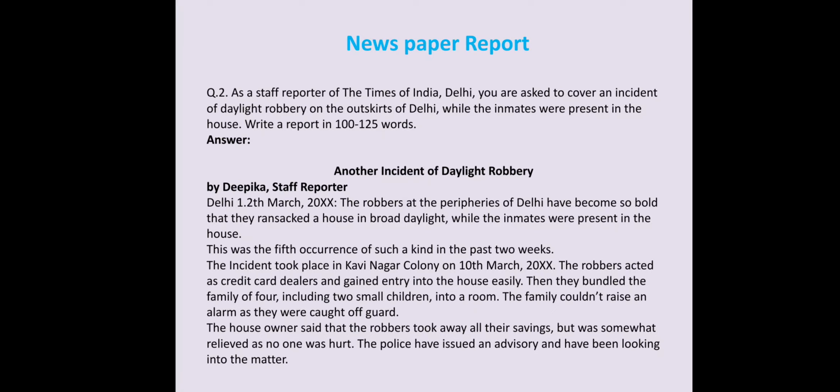Then they bundled the family of 4, including 2 small children, into a room. The family couldn't raise an alarm as they were caught off guard. The house owner said that the robbers took away all their savings but was somewhat relieved as no one was hurt. The police have issued an advisory and have been looking into the matter.